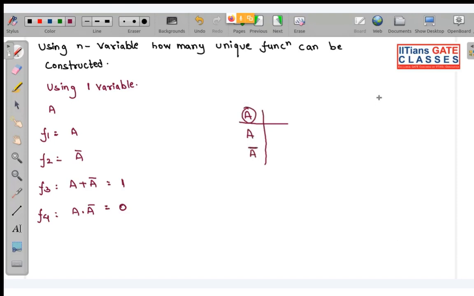Now this function, let me represent it by alpha A plus beta A complement. I can write it for different values of alpha and beta. I can generate different combinations.